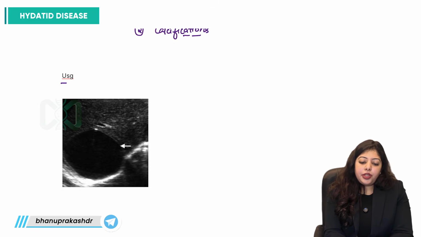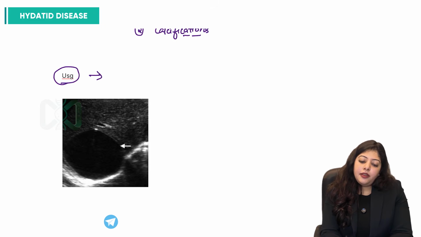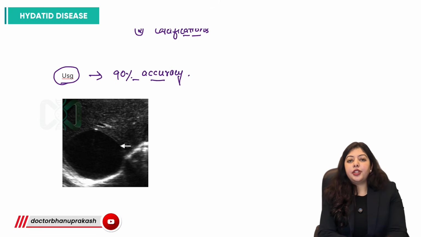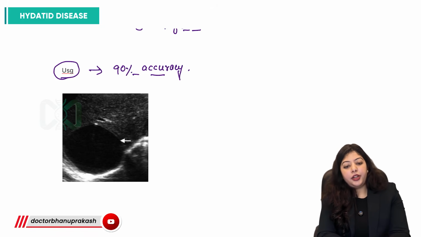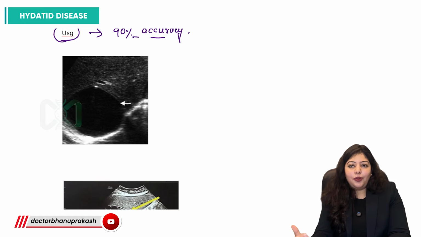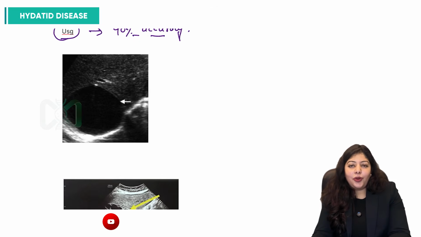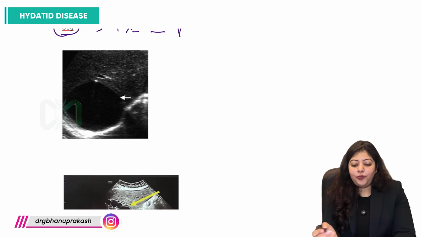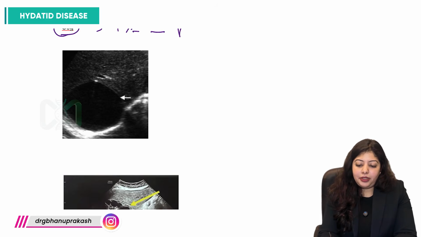Then ultrasonography shows around 90% accuracy rate. 90% accuracy is seen under ultrasound. Now let us gear up and remember our mnemonic, the first mnemonic that we used, district hospital ECGs, right? And the structure of the cyst. So this will help us understand these images better.